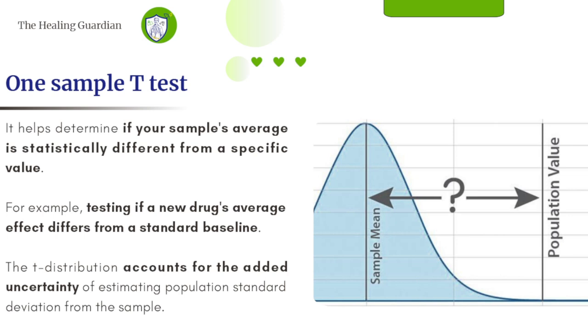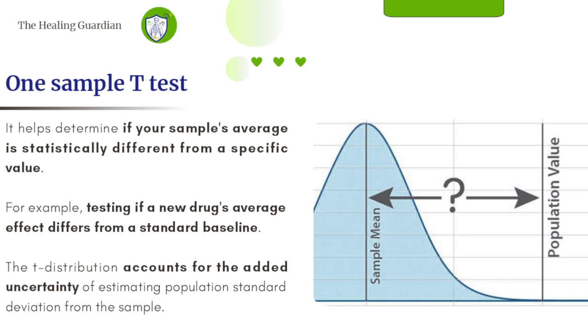So in a t-test, we use the standard deviation we have measured from our sample. You don't need to look for the standard deviation of the population. The t-distribution is better because it accounts for the added uncertainty of estimating population standard deviation from the sample.